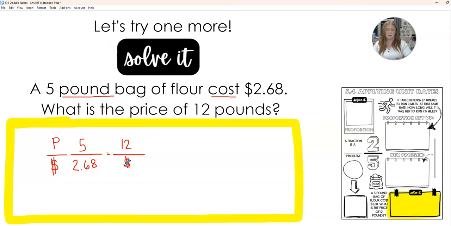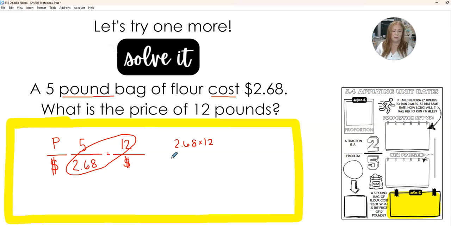So last time we crisscrossed this way, but we don't know this one. So we're going to go the other way, and we're going to multiply, because we would divide, but we don't know this problem. So we're going to move this over here, and we're going to multiply. So our new problem is $2.68, and we're going to times that by 12, right?